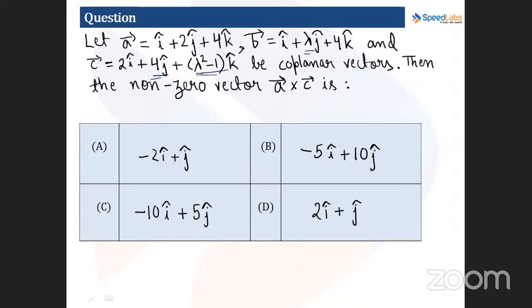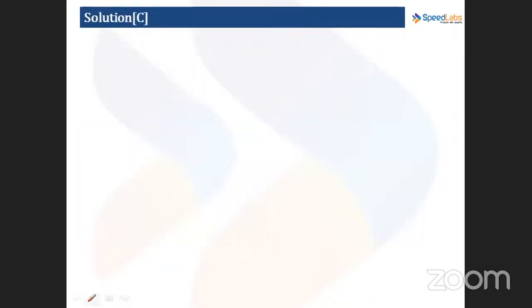But what is given? That these three vectors are coplanar. And we have to find the non-zero vector A cross C. There is a reason why it is mentioned that A cross C is a non-zero vector. Okay, so the correct option here is option C.